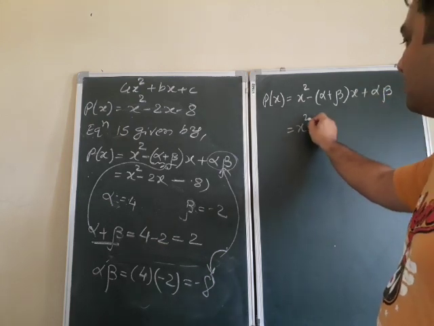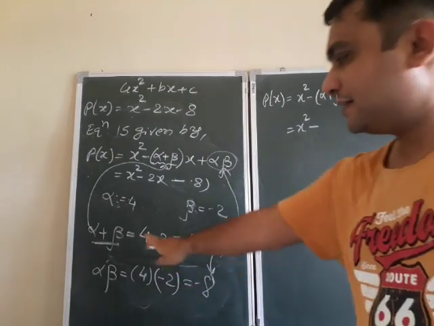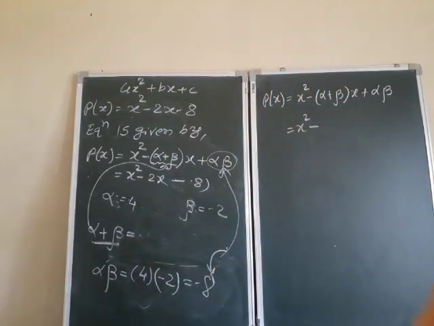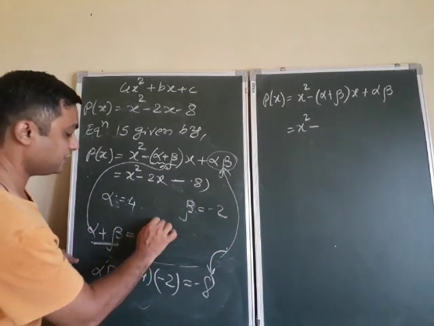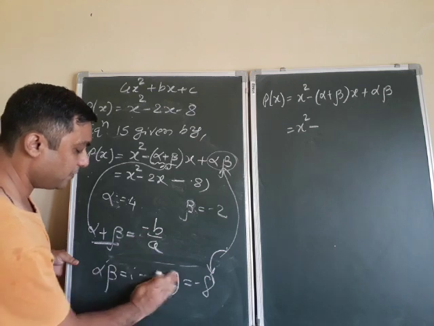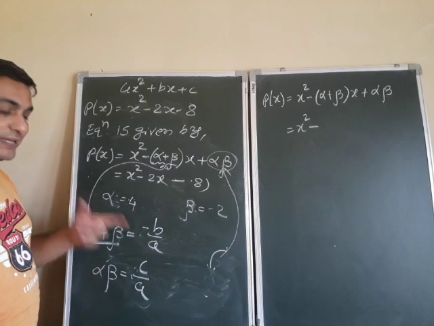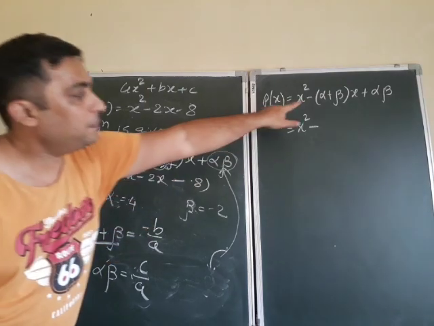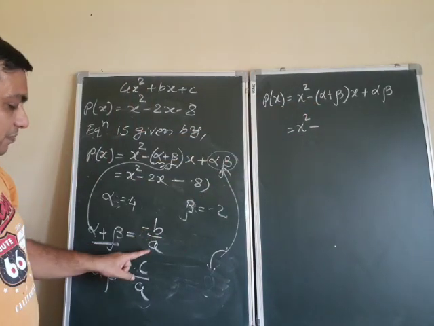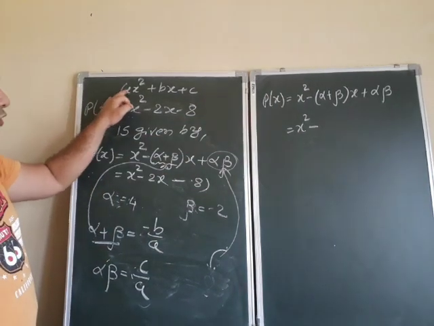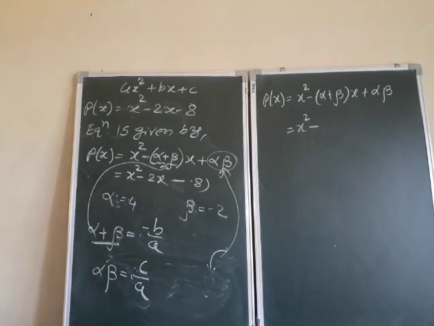So now x square minus, see we know what is alpha plus beta. As earlier, alpha plus beta is minus b by a, and what is alpha into beta? Alpha into beta is c by a. Now we are proceeding in general. So substitute alpha plus beta here as minus b by a, and substitute alpha into beta as c by a, and check whether you are getting this equation, yes or no. So let me try to see in general.